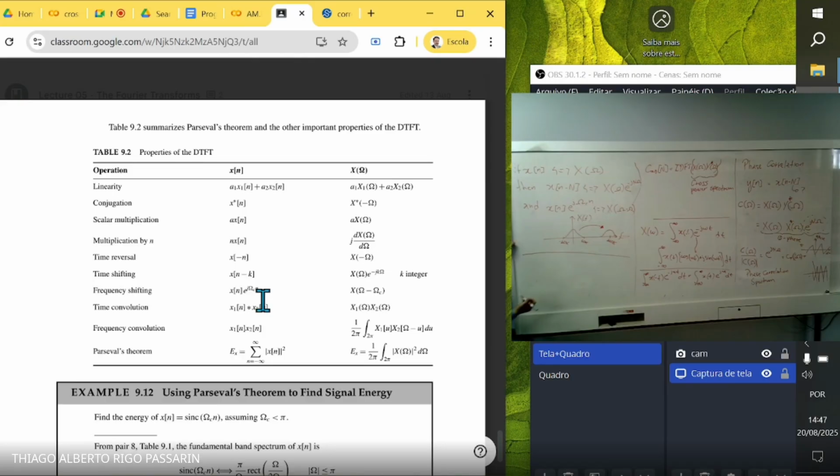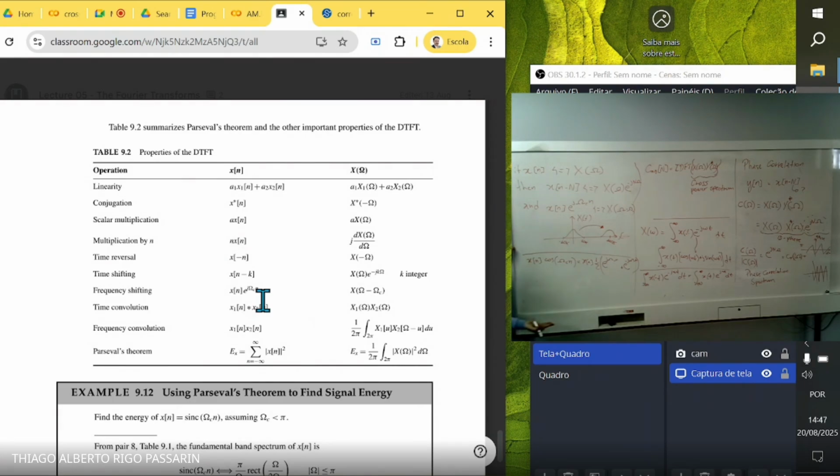Okay, if we multiply by a cosine, x of n times some cosine of omega c n, what's this? This can be written as x of n times half, e to the j omega c n plus e to the minus j omega c n.